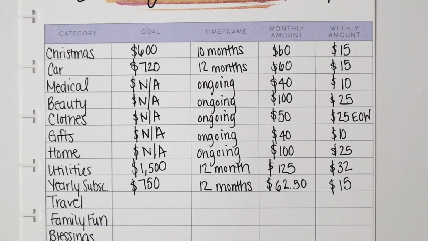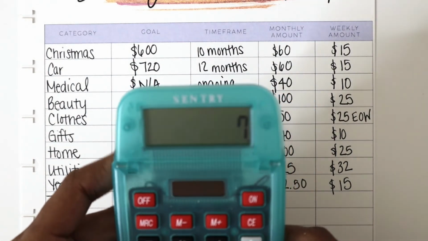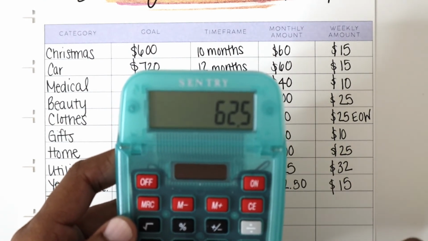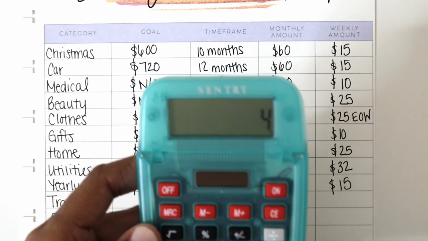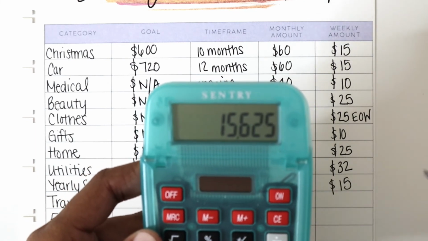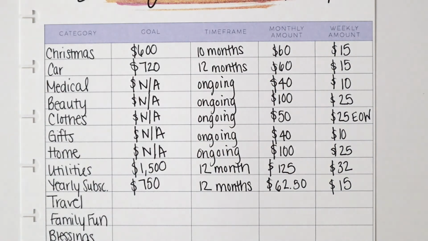And let me just do that so we can see. So 750 divided by 12, yep, is $62.50. Divided by 4 gives you $15.06. So I just rounded it down to 15. I just wanted to make sure I did that right.